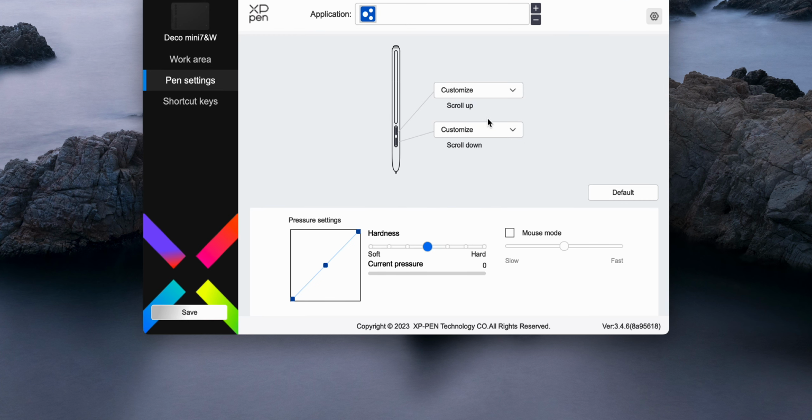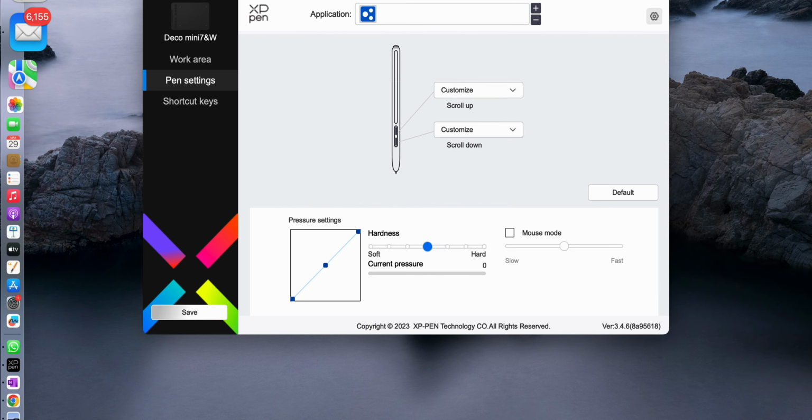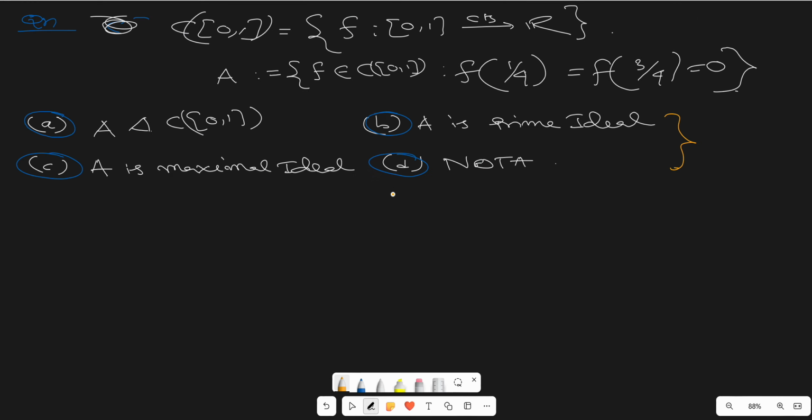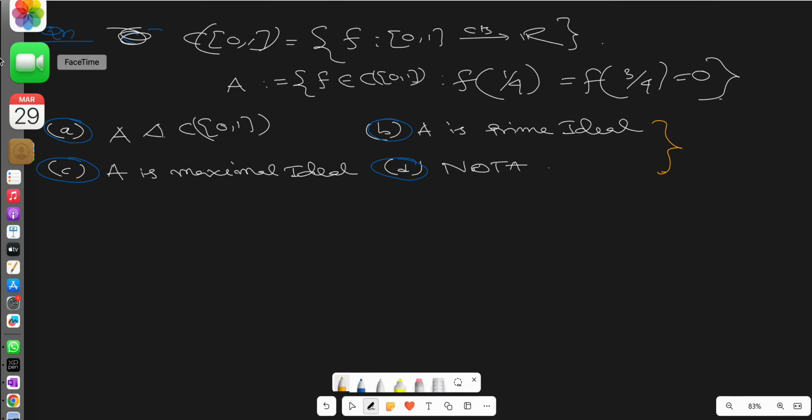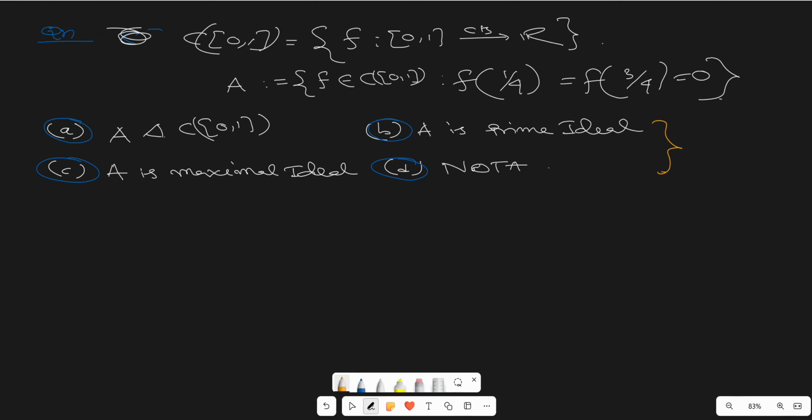Pen setting. No, it's still in the same condition. Just a second, sorry for that.